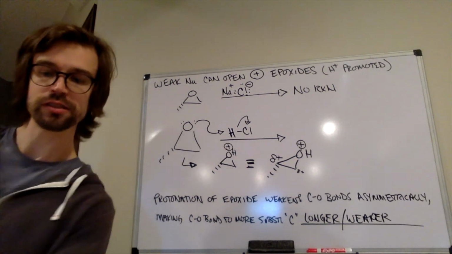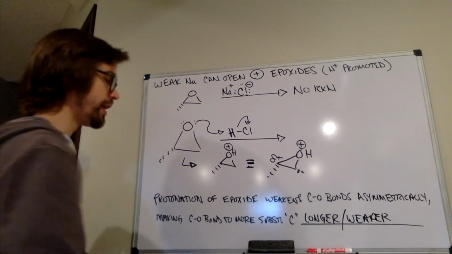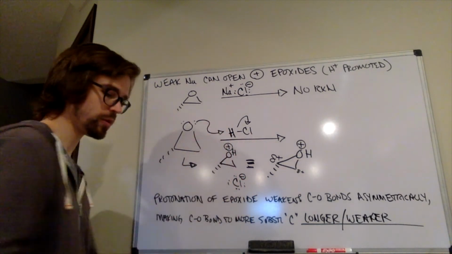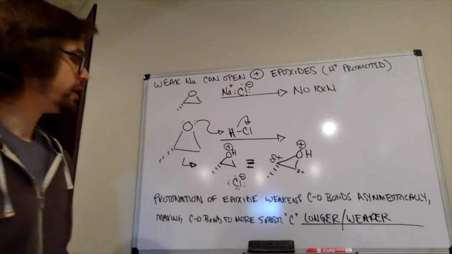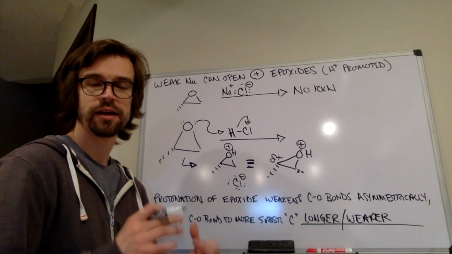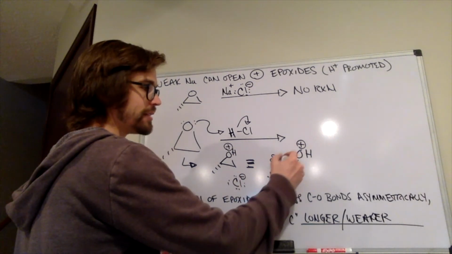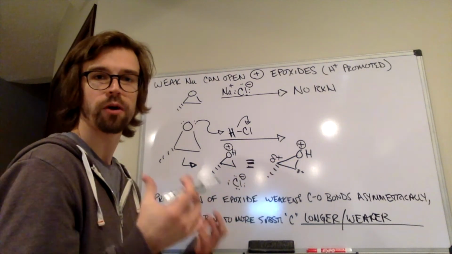So it turns out that when we have a weak nucleophile like Cl minus, we have to catalyze it with acid first of all. But that Cl minus is going to add to the more substituted position, because that is the weaker carbon-oxygen bond and the larger partial positive.